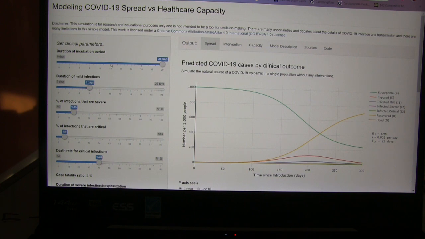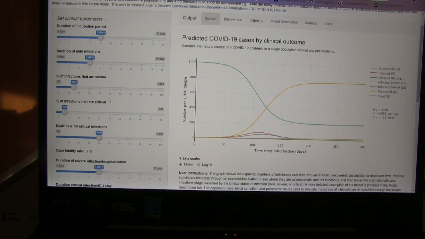Did you find anything else in this model besides changing the incubation period that you thought was interesting? Well, changing the death rate for the critical infections, actually, when the number of infections was lower, it didn't impact it a whole lot. It impacted it slightly.